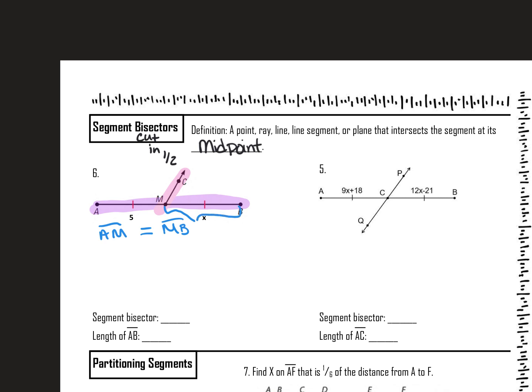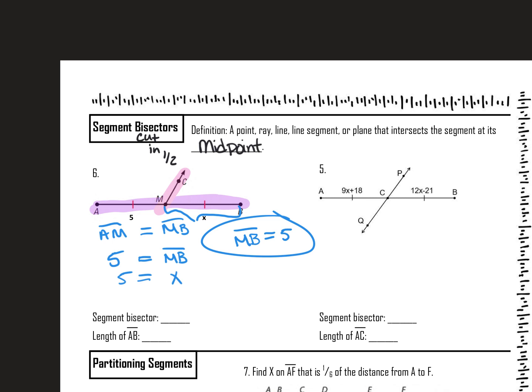It tells us that AM is 5, but we also know that that is equal to segment MB. That is represented by an x, so x equals 5. Therefore, y'all, we went a roundabout way of saying that the measurement of segment MB is also 5.